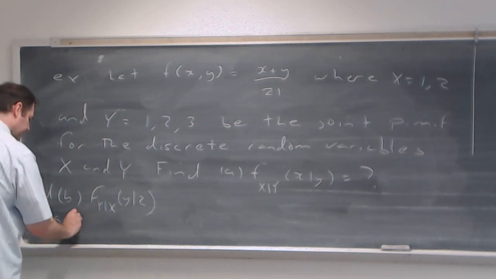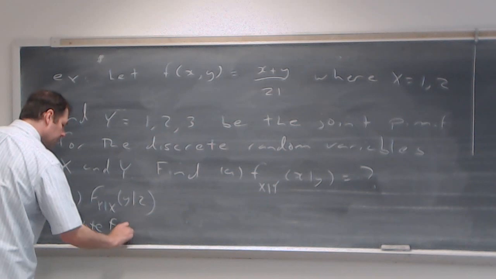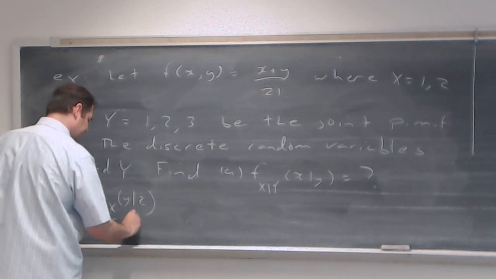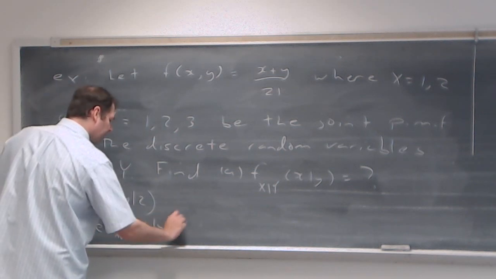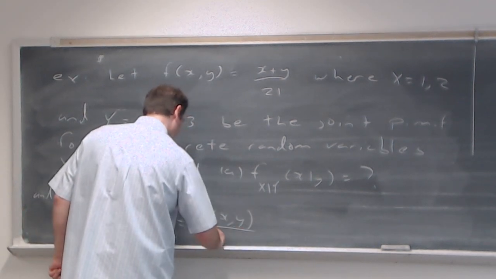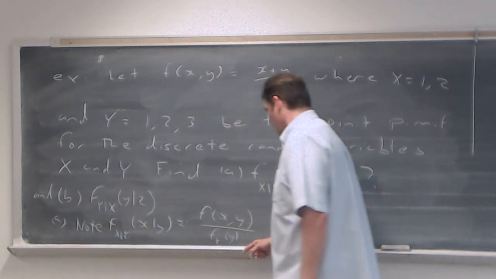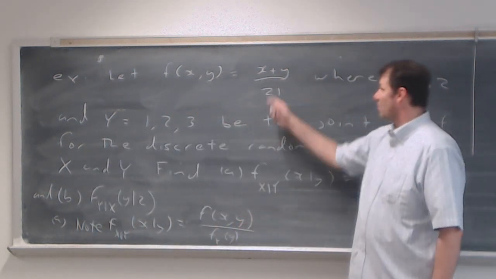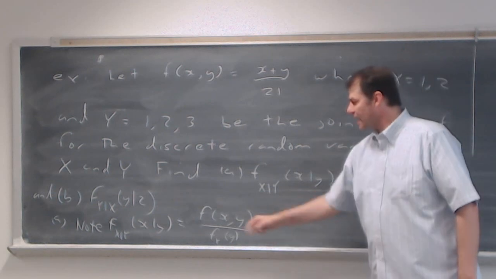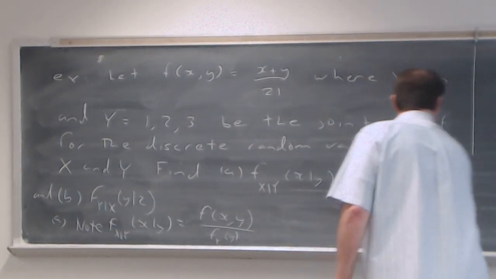So here's the thing that I know. By definition, this conditional probability mass function of X given Y is equal to f of x comma y over f sub y of y, the PMF of Y. I already have f of x comma y, the joint PMF. What I don't have is the PMF of Y, so that's what I need to work on.